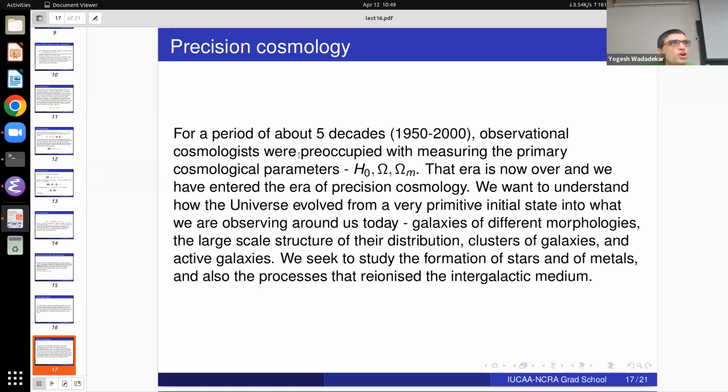The value of H0 that was consistently obtained by one group was 50 kilometers per second per megaparsec. One group was led by Sandage, another by de Vaucouleurs. The other group was consistently measuring H0 of 100 kilometers per second per megaparsec. The discrepancy was a factor of 2.